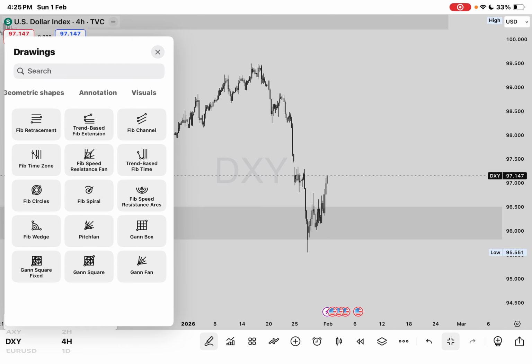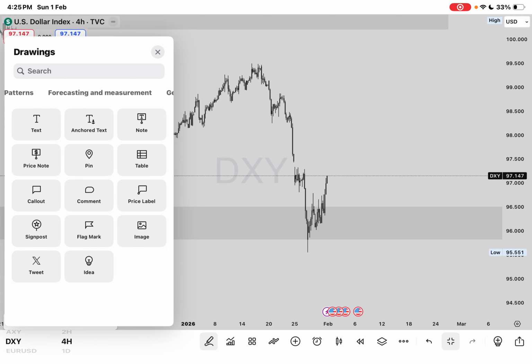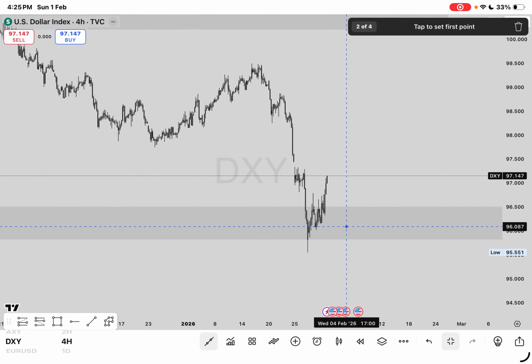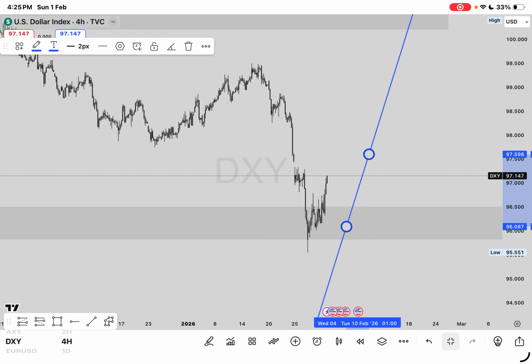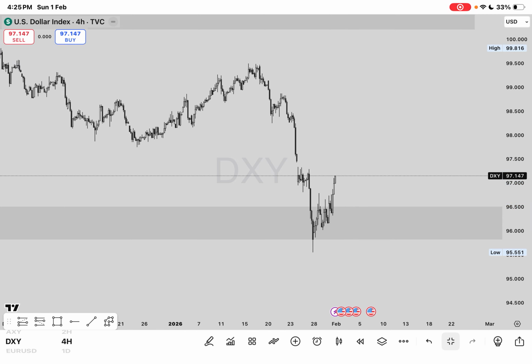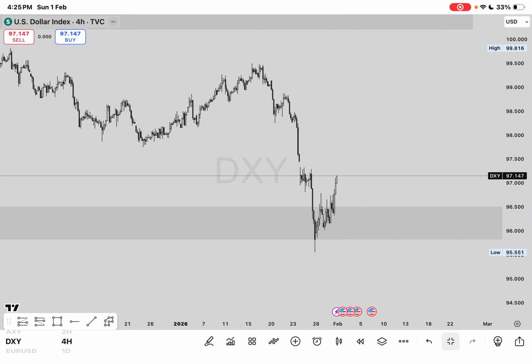Patterns, geometric shape, annotation. Let's go to annotation. No, that's not it. I think we have to go to trend line. Let us see if I can use this. Oh no. Well, let me not stress myself over that. Later on I'll know what's up and I'll set it up again.